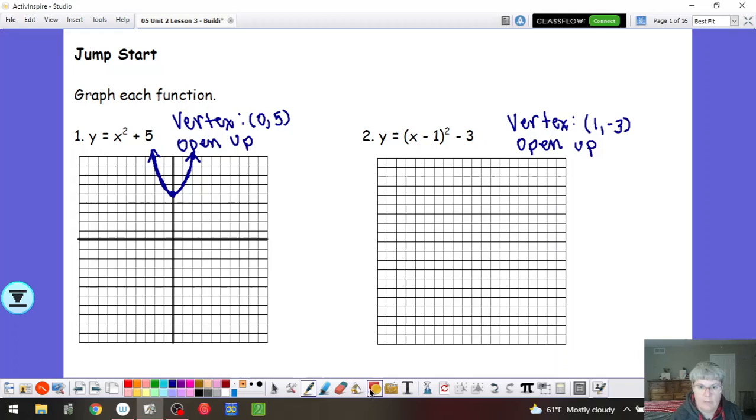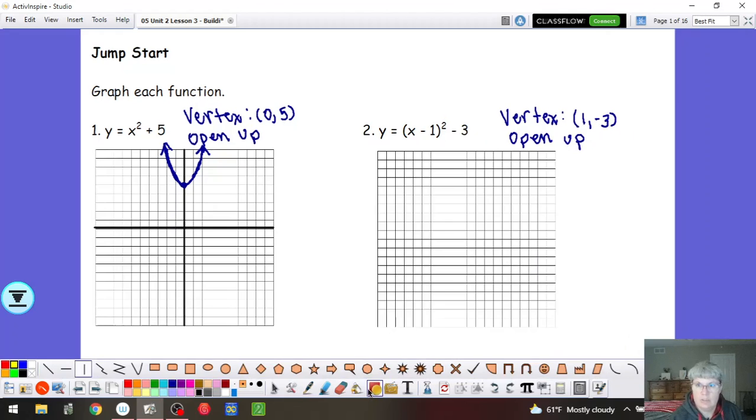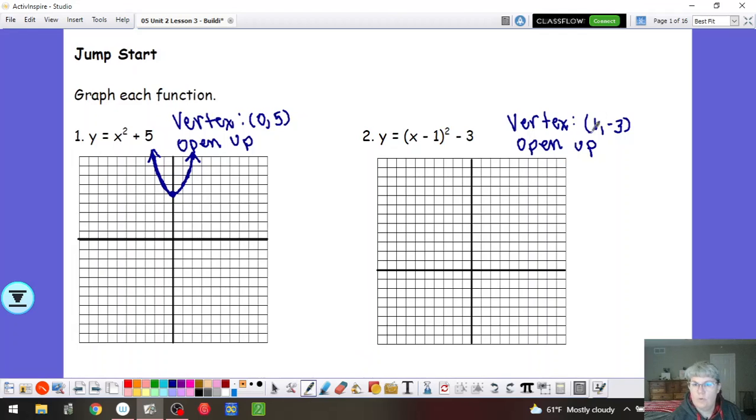This time I will put my axis just a little bit lower. So 1, negative 3, that's 1 to the right, and down 3. We said there was no stretch, so we can use the 1, 4, 9 anchor points.